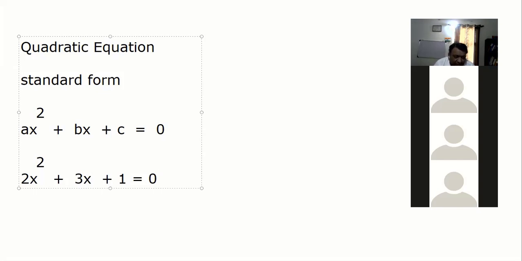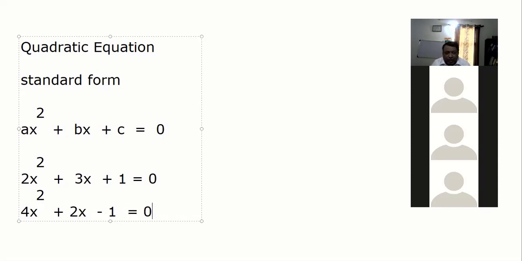Good. Vallabh, give me another example. 4x square plus 2x minus 1 is equal to 0. This is also quadratic because the highest power of any term should be exactly 2, neither less than 2 nor more than 2.